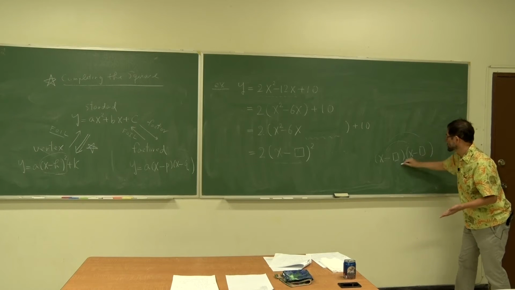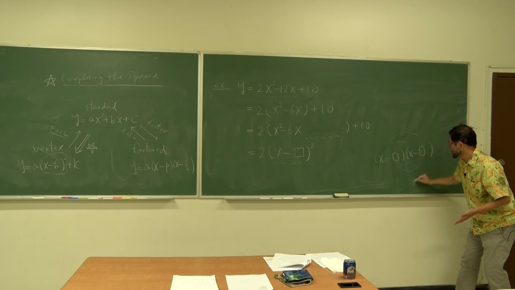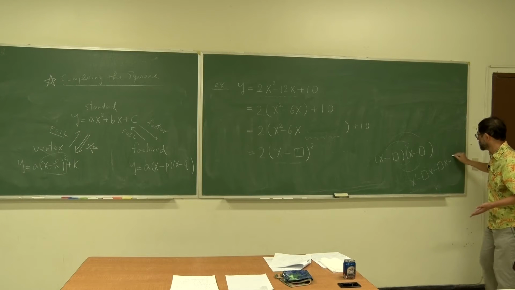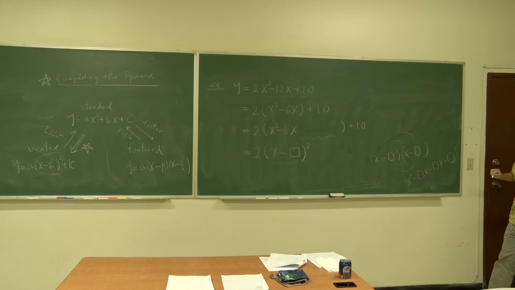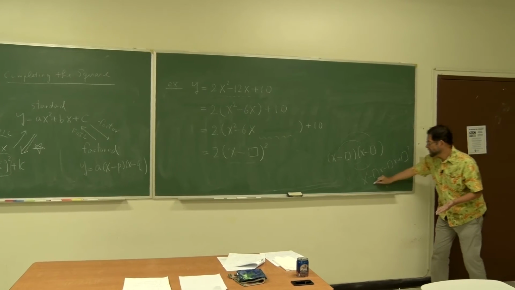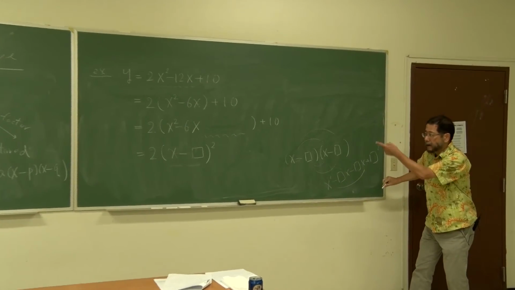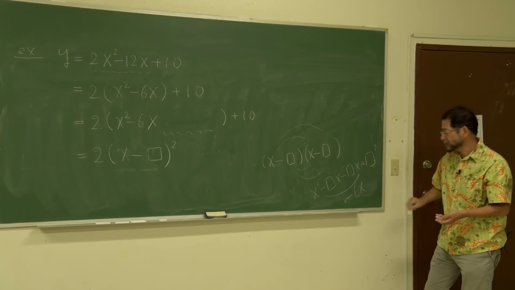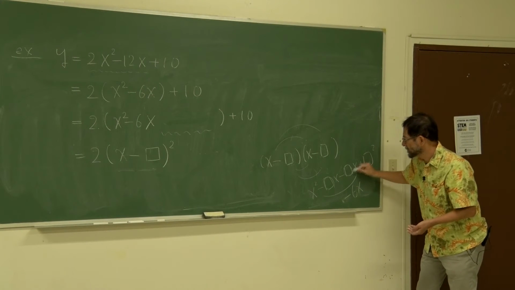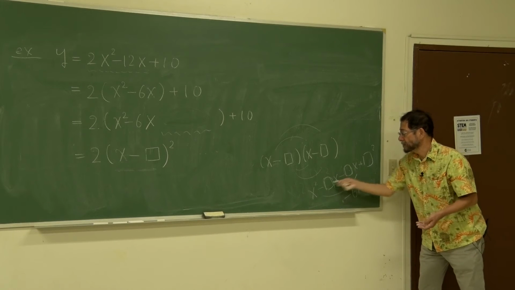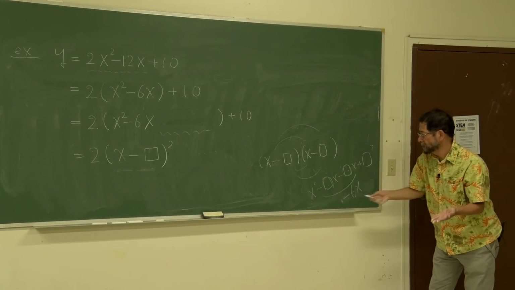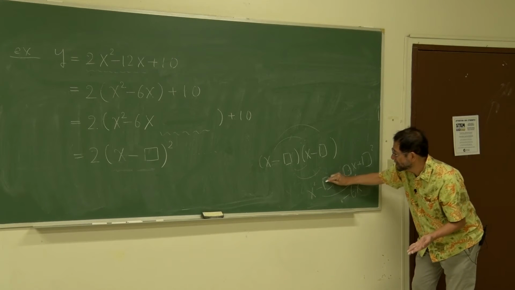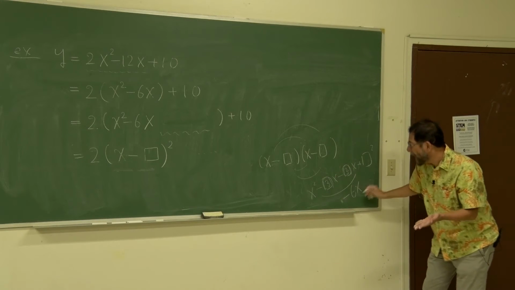If you follow this, you have x squared minus box x minus box x plus box squared. Put this together and you have negative 6x here. So the two box numbers are the same number because it's squared, and together you get 6. That's why this should really be 3, namely half of 6.